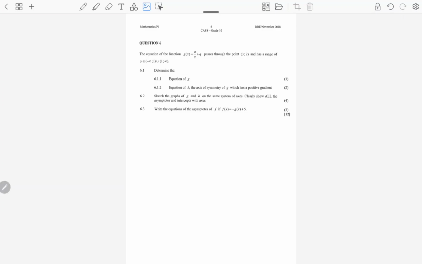We know whenever there's a over x, that means it's an exponential graph. Sorry, I made a mistake. When there's an a over x, it's actually a hyperbola.